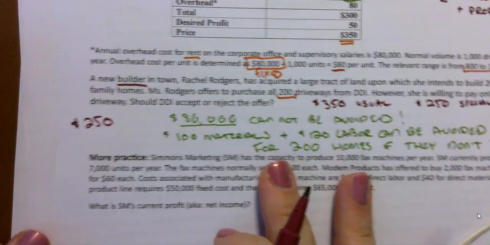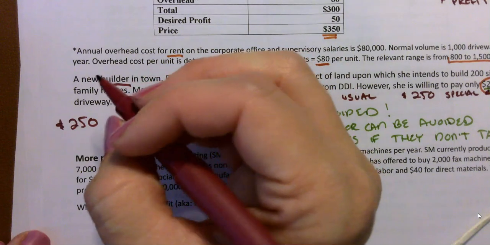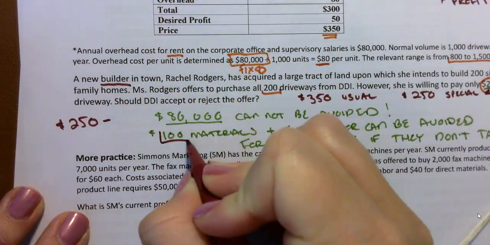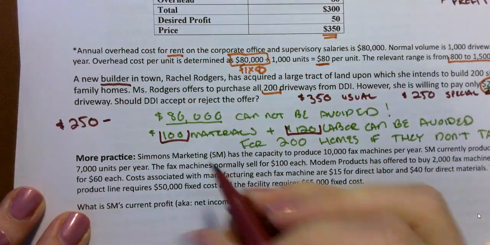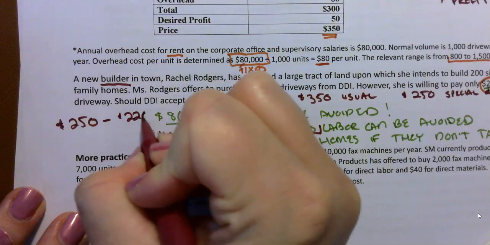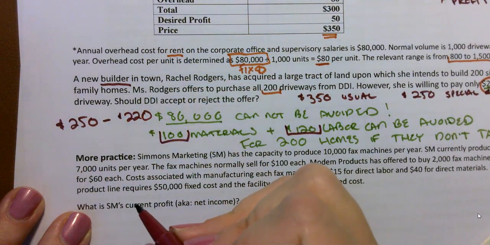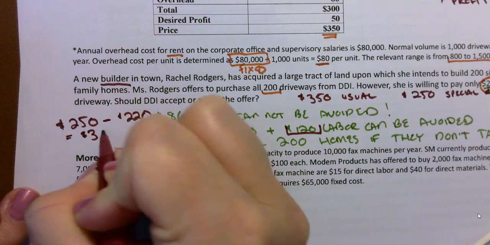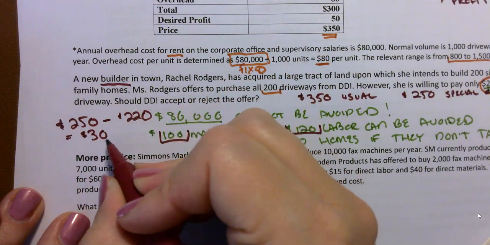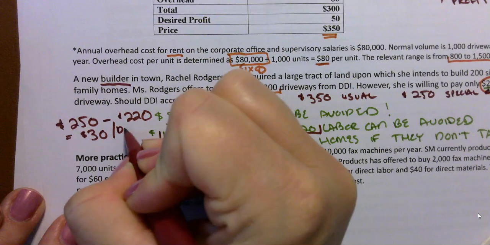So what does that mean to them? $250 driveway, and they will be taking on the sum of our avoidable cost, $220, which means they will be getting $30 in differential profit per driveway.